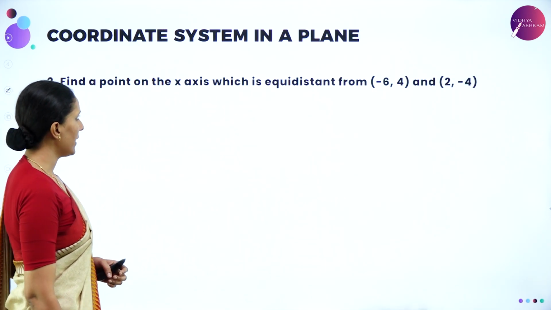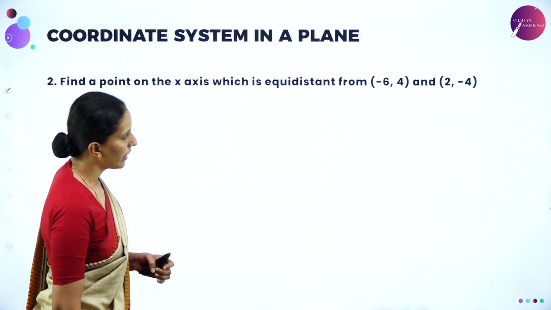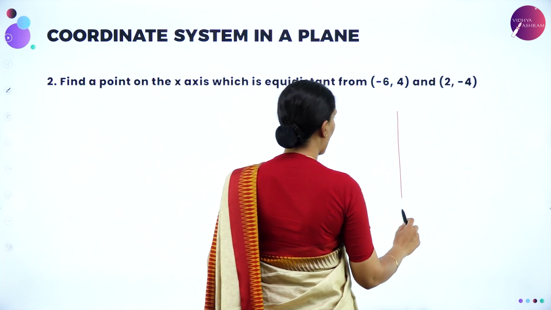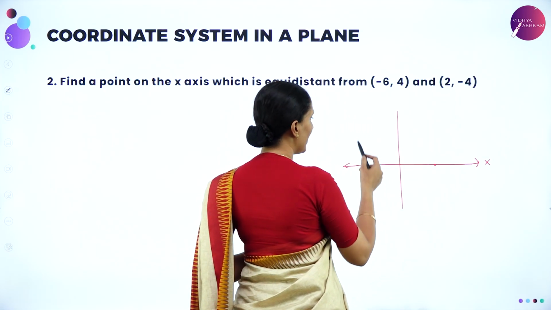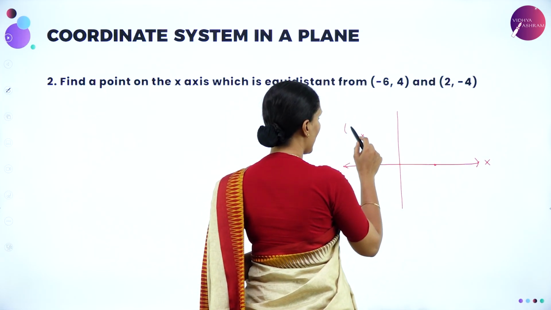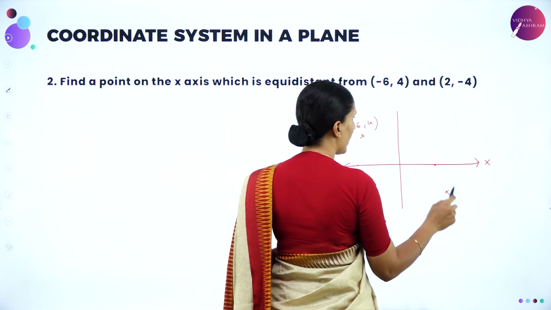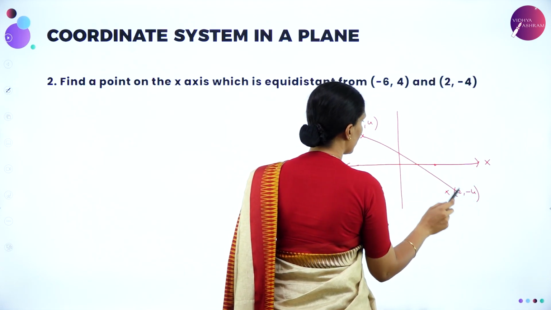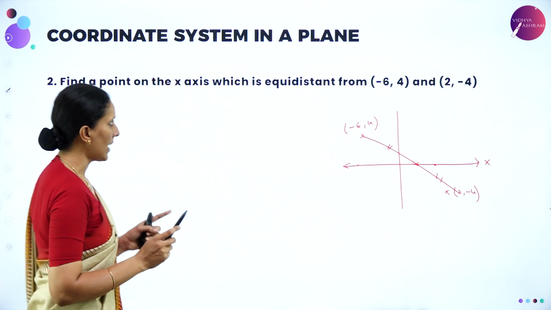Find a point on the x-axis which is equidistant from -6, 4 and 2, -4. So we have a coordinate axis here and this is our x-axis. We have the point -6, 4 somewhere in the second quadrant and 2, -4 somewhere in the fourth quadrant. So obviously there is a point on the x-axis at an equal distance from both.